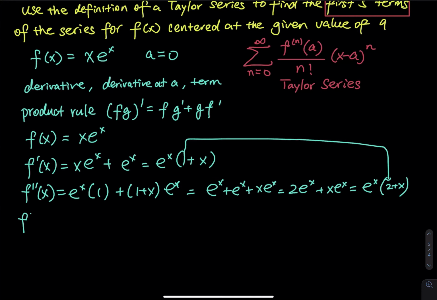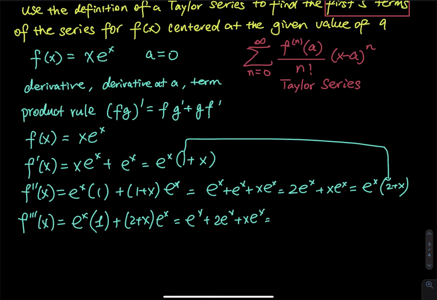And then the triple prime of x. So e to the x, the derivative of the parenthesis is just 1, and then plus (2 plus x) times the derivative of e to the x, which is still e to the x. Open everything: e to the x plus 2e to the x plus x e to the x. That gives you 3e to the x plus x e to the x. Then you factor e to the x out, and we get 3 plus x.